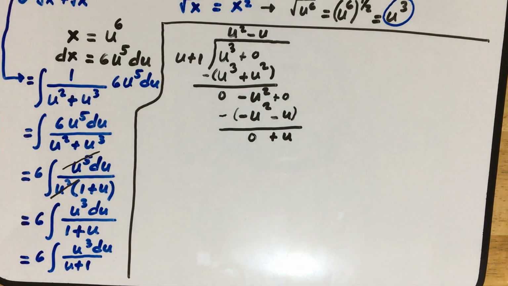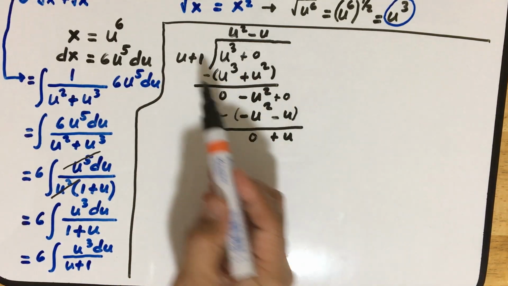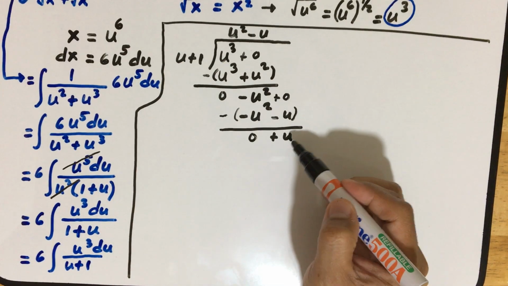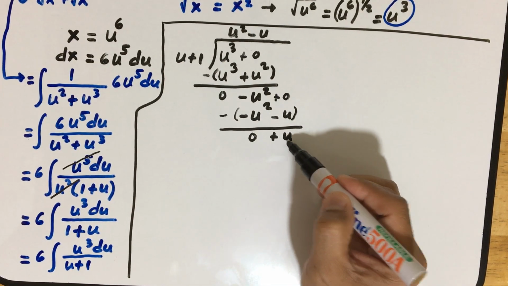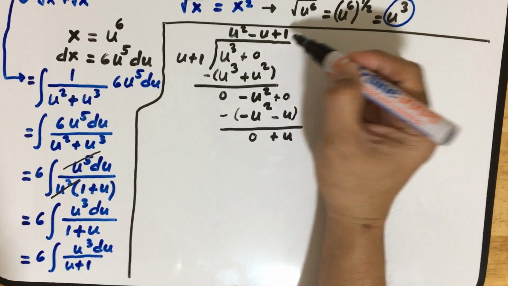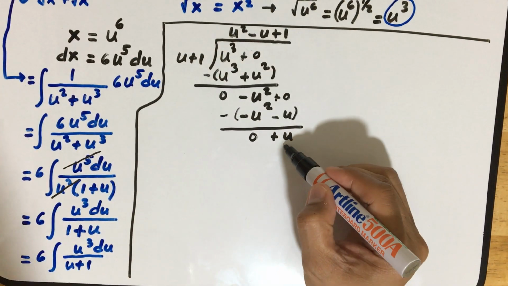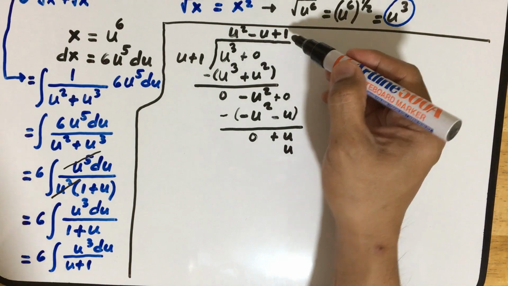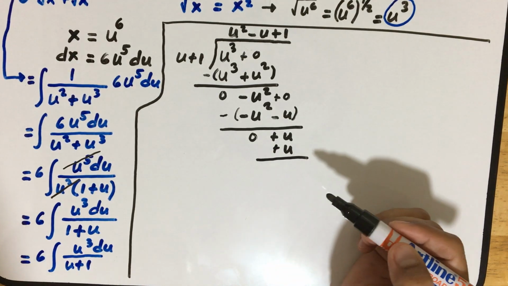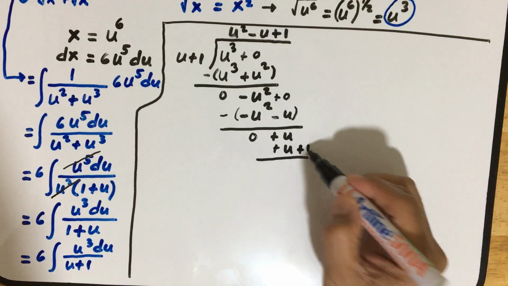Can we still divide? Yes, because the degree of u here is the same as in the divisor. Positive u divided by positive u is positive 1. So 1 times u is positive u, and 1 times 1 is positive 1.